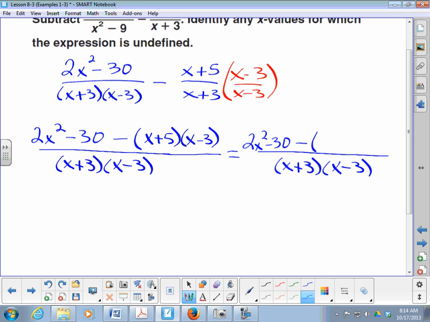And I'm going to leave my minus sign there, and I'm going to put that answer in parentheses. So we get x squared. 5 minus 3 is 2x. And 5 times negative 3 is negative 15. Okay. Now, I left it in parentheses because I don't want to miss anything.